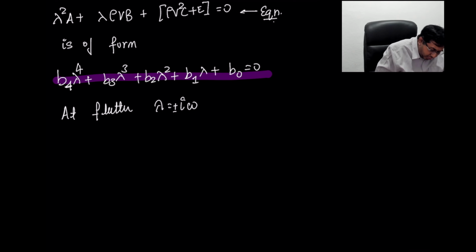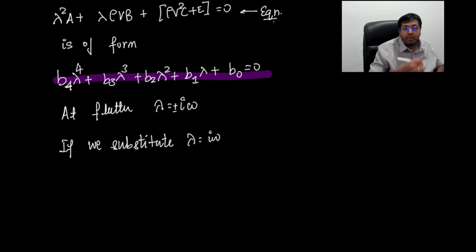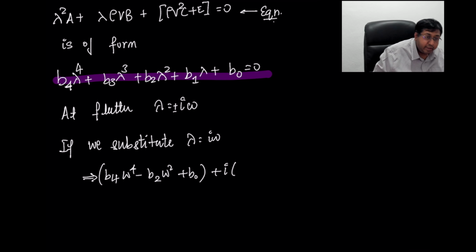So if we substitute lambda equal to i into omega into the above equation, the b4 lambda to the power 4 and so on, then we get b4 omega to the power of 4 minus b2 omega square plus b naught, plus i into minus b3 omega cube plus b1 omega equal to 0.